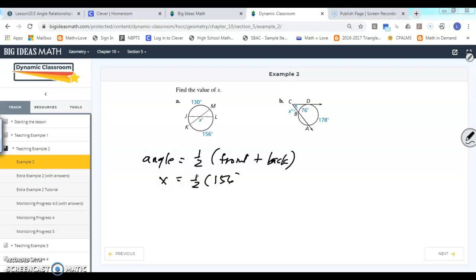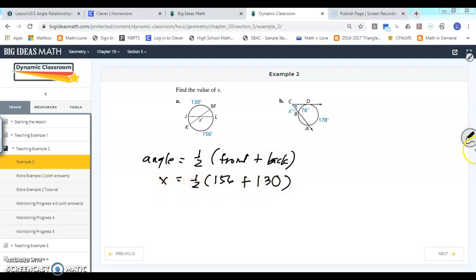The front is 156, and the back is 130. Alright, so what you're going to do is just add these 2 together and then divide by 2.